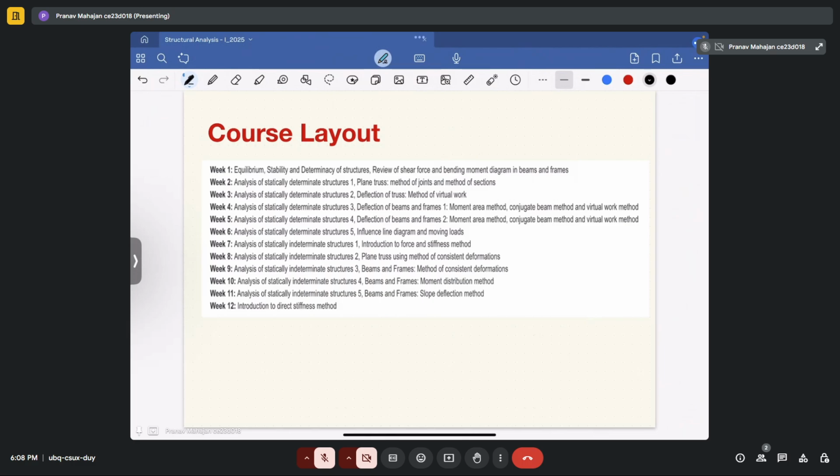Also, in certain cases, we have seen the unit load method. Wherever it is applicable, we have applied the unit load method, and we have seen how you can determine the displacement, moment and slope using that method.